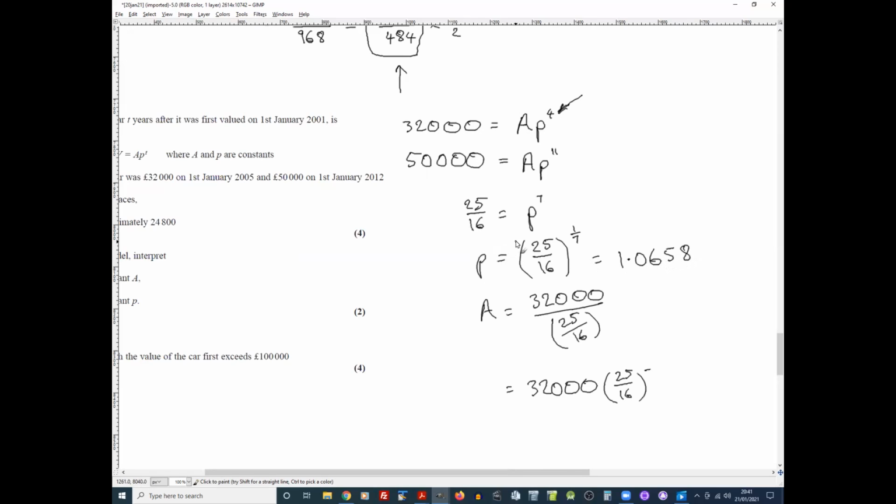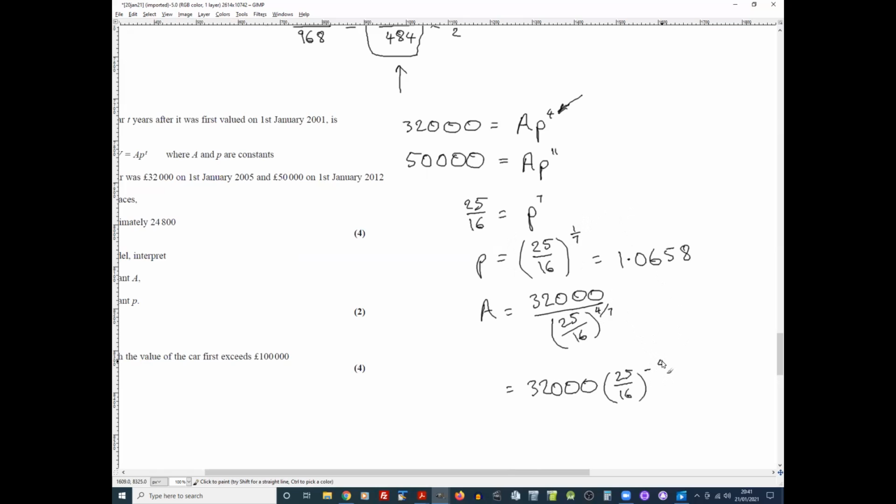So what happens if we raise that to the power of 4? You multiply the powers, so 4 sevenths. Exactly.